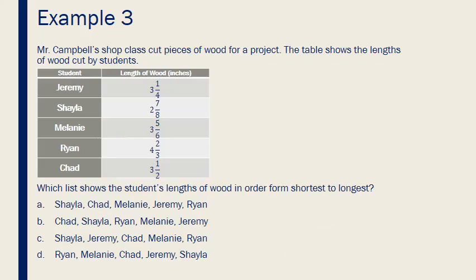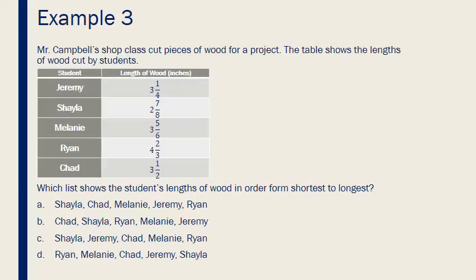Example number 3. This is going to be the last one before you're going to take your own Schoology assessment. All right, so Mr. Campbell's shop class cut pieces of wood for a project. The table shows the length of wood cut by students. Now these are all fractions. Jeremy did 3 1/4 inches of wood.